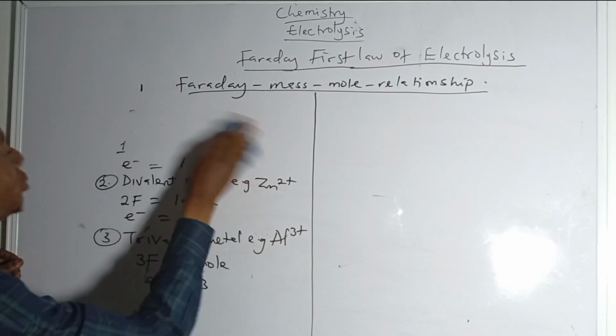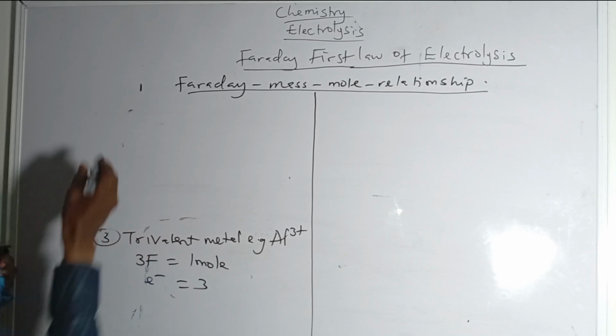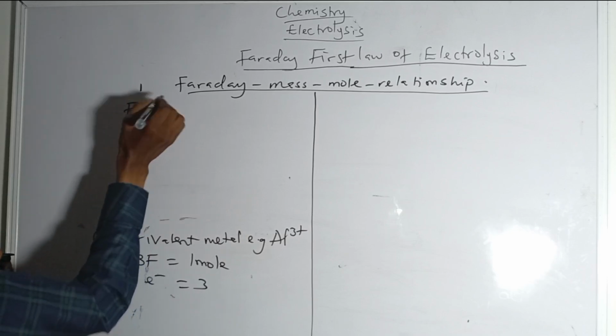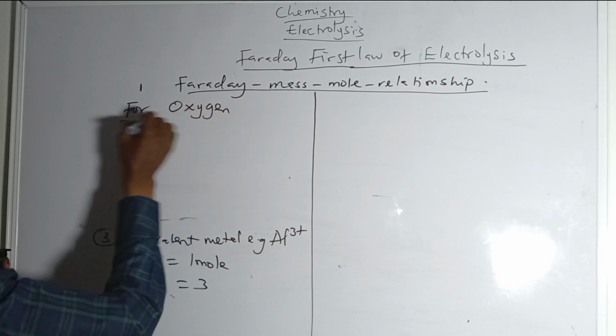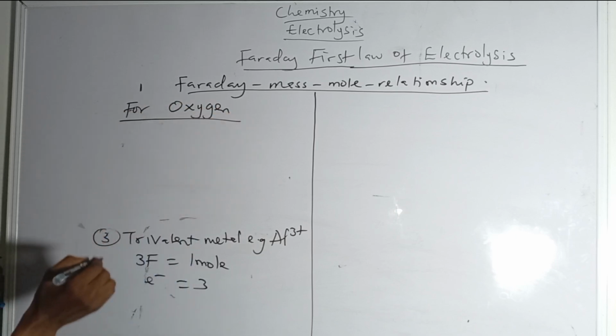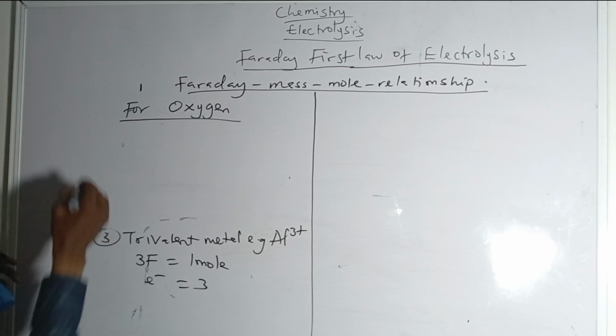So the next one is for oxygen. For oxygen, you know, oxygen is produced when OH minus is discharged in electrolysis.